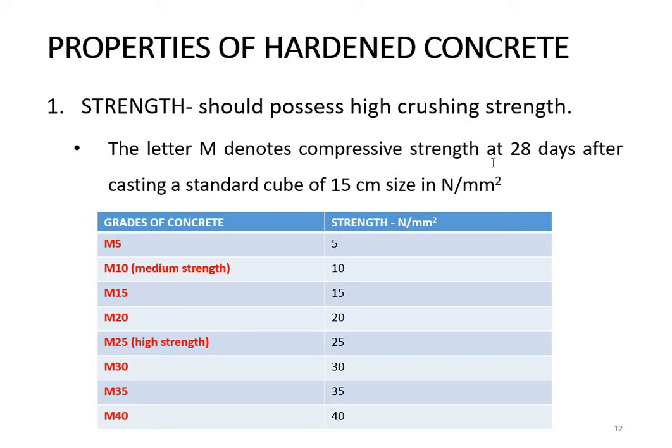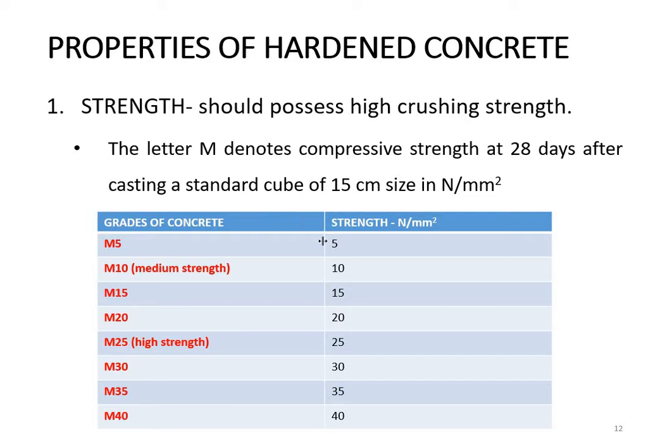And then you are going to make cubes of size 15 centimeters. After 28 days, you take it out from water, and then you check the compressive strength of that cube in a universal compressive testing machine, and the compressive strength value gives you the grade.